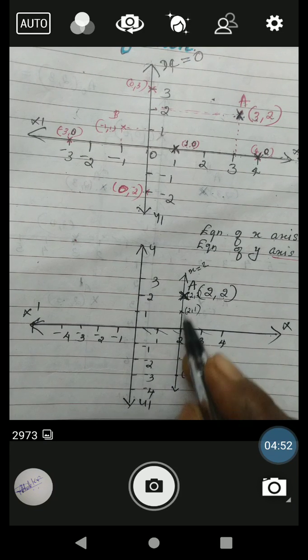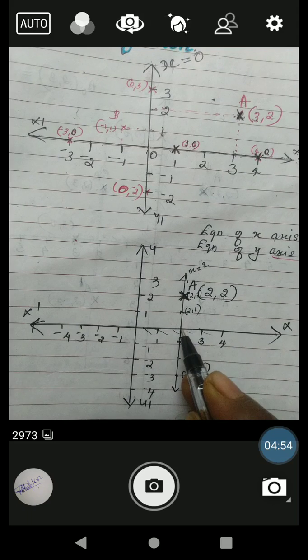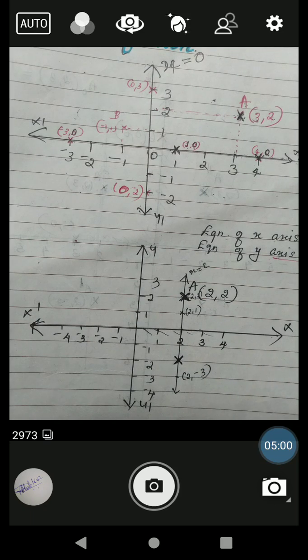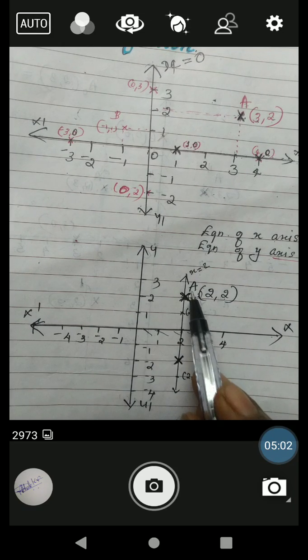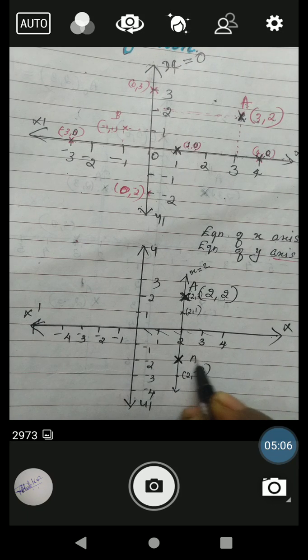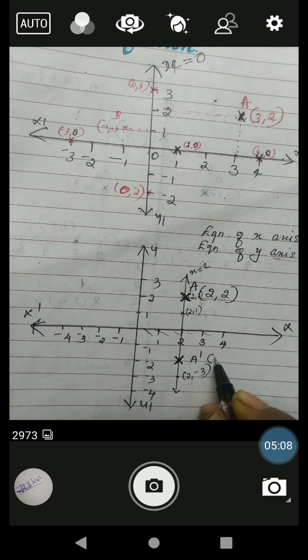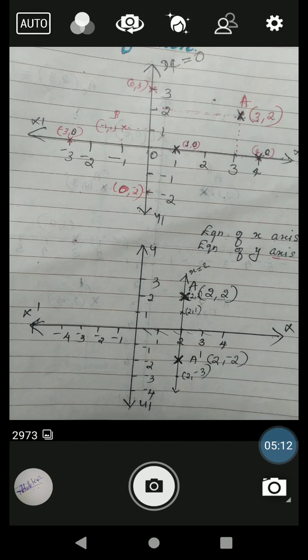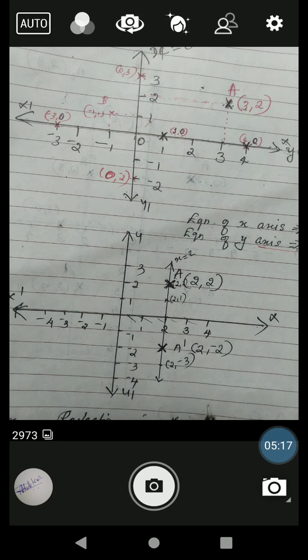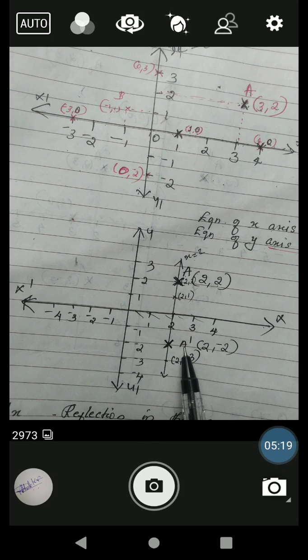At this place, at the same distance from this line. So this is the reflection of A in the x-axis, that is A dash, which is (2, -2).